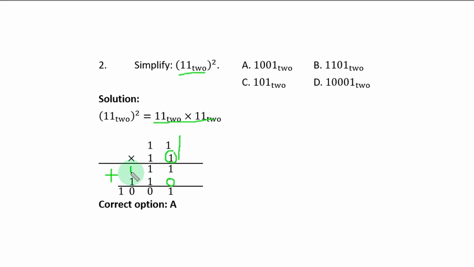If you add again, 1 plus 1 is the same, 0 remainder 1. So you put that 0, you take the 1 forward, and you bring the 1 down. In other words, 1 plus 1 is 10 in base 2. You put down 0, you carry 1. So by this, A is the correct option.